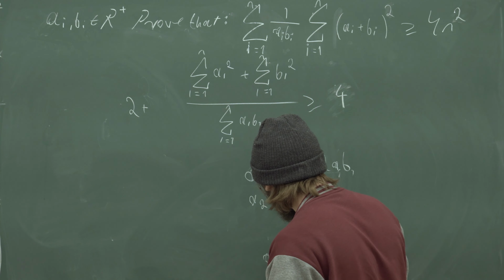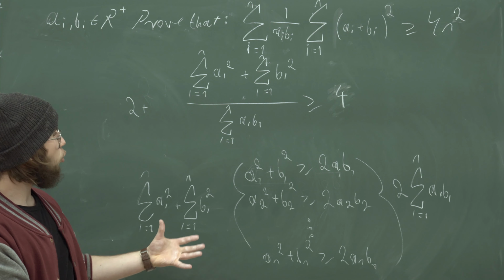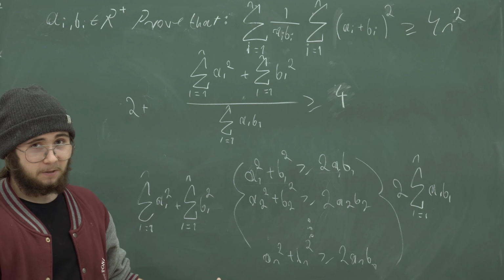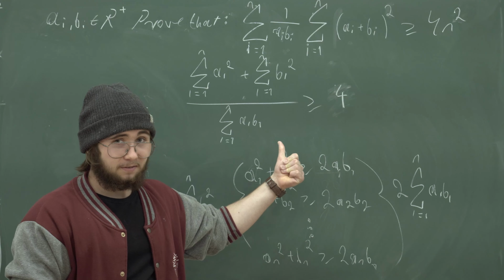And on the left-hand side, after summing it up, I'm going to get the sum from 1 up to n of ai squared plus the sum from i equal to 1 up to n of bi squared. Well, this is exactly the same thing as here in the numerator, and this sum right there is almost the denominator. The only difference is that this is 2 times the denominator.